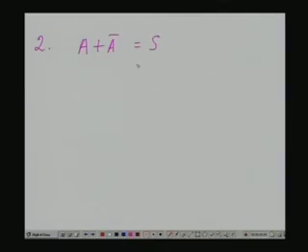The number 2. Since A plus A bar, the complement of A, that is A union A bar, is equal to total set S, and A and A bar are mutually exclusive, that means their intersection is phi.